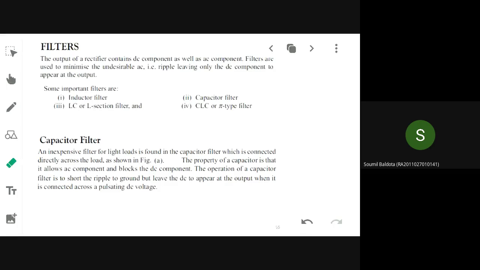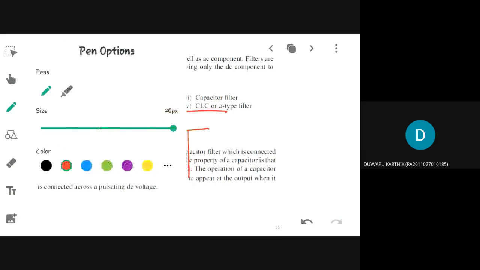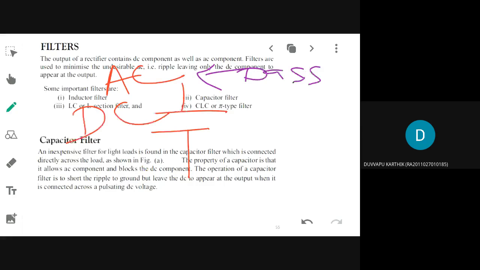Which component will it pass and which will it block? It will pass AC alone, and it will be blocking DC. That is a special property of a capacitive component.